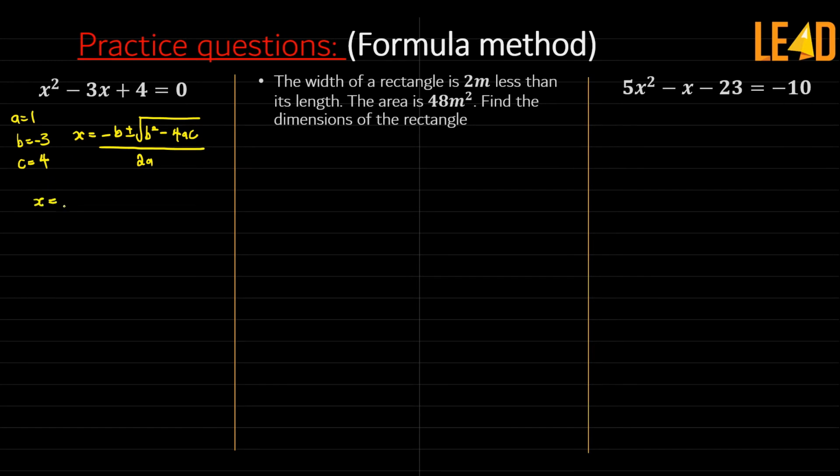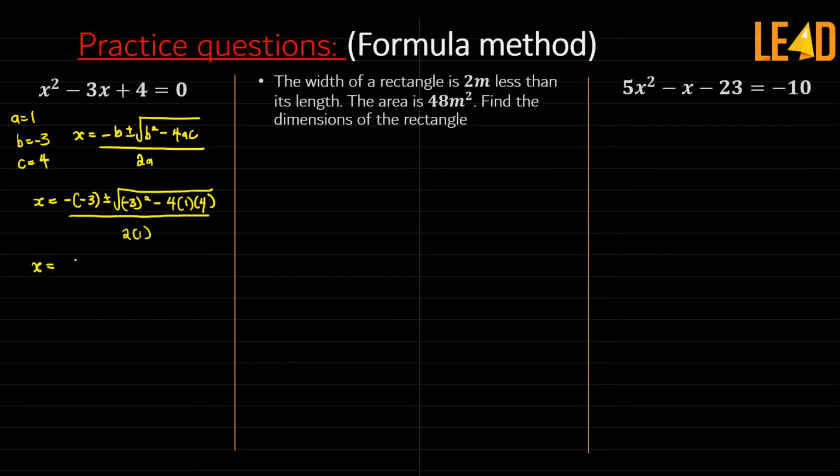So what we'll do next is plug in the values. We'll say x is equal to minus -3 plus or minus square root of -3 squared minus 4 times 1 times 4, all over 2 times 1.